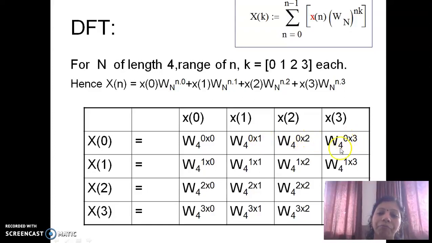Similarly, here n is 1 and k is also 1, so we have W4 raised to 1 into 1. Here k is 2 and n is 1, so we have W4 raised to 2 into 1, W4 raised to 2. Like this, here the k value is 3 and the n value is also 3, W4 raised to 3 by 3, W4 raised to 9.